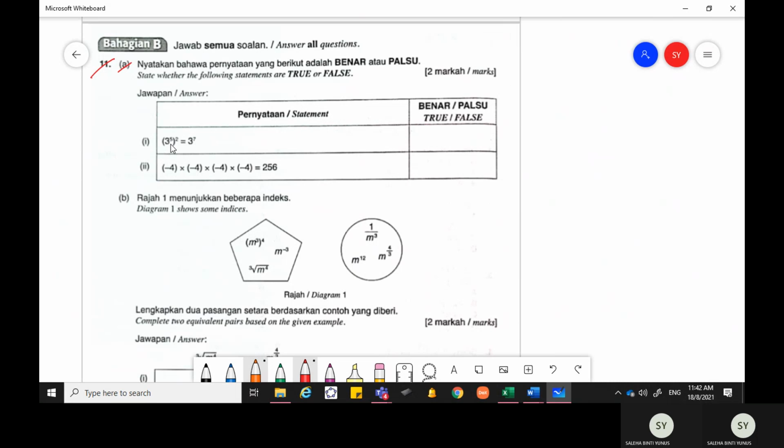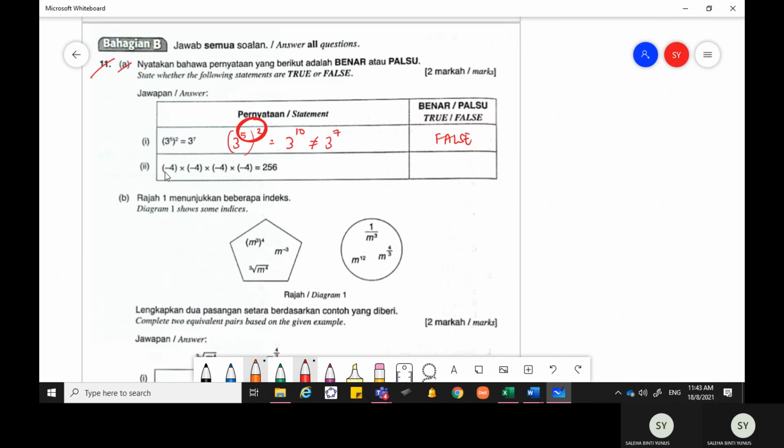Okay, the first one, 3 to the power of 5 squared. Okay, so macam tadi kita ada power rule. So kalau kita ada kuasa dan kuasa lagi kat luar. Jadi apa kita boleh buat, ni kita darabkan. So 5 times 2, 10. So does not equal to 3 to the power of 7. So this one is false.